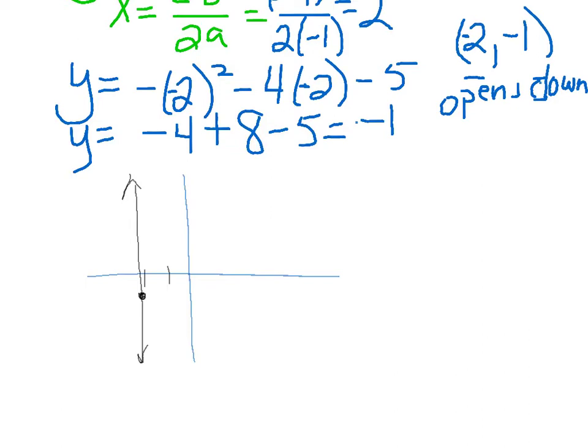It opens down. Okay, I know the y-intercept, don't I? It's at negative 5. So I could put that point in, and then my mirror point over here. And I could get a pretty good graph from that. Again, it would be nice if I took one more point with the equation, but for this purpose, that's good.